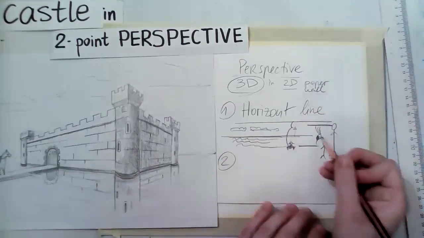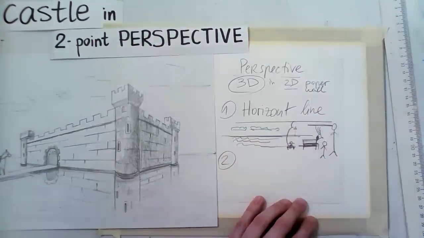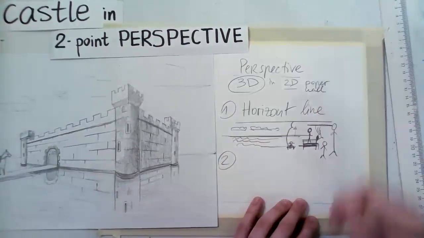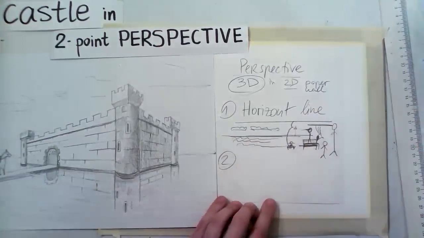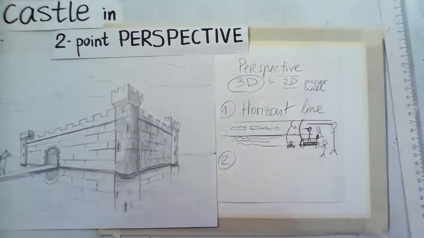But let's say there is some bench on the sea, and you get up to the bench. And this line is gonna change. Now you're seeing more sky and less sea. So this is the difference.